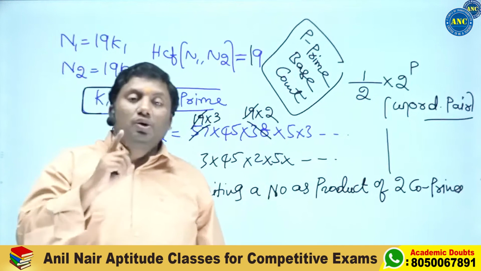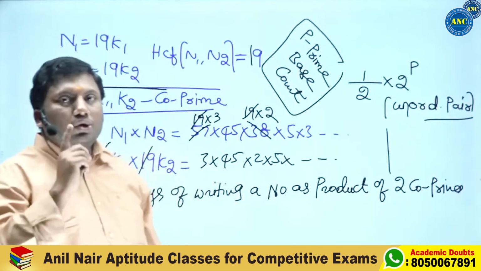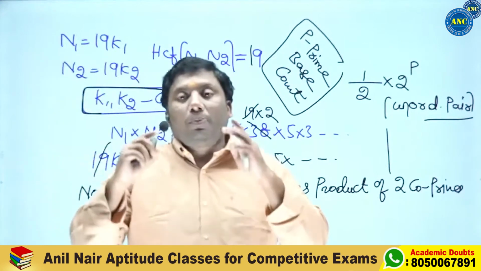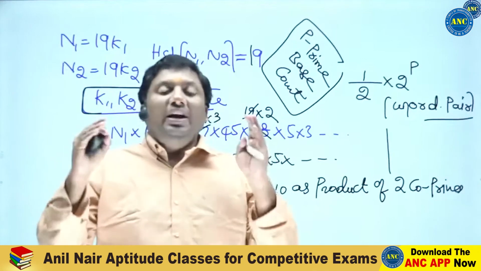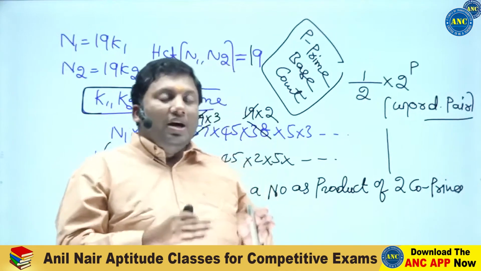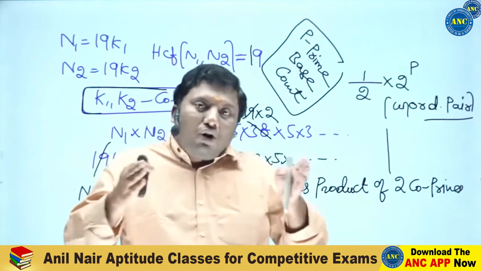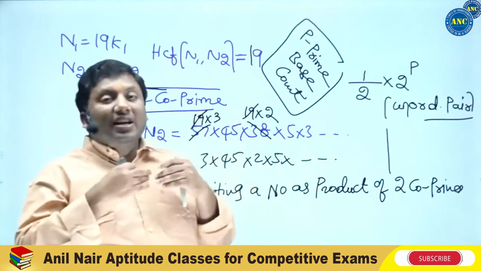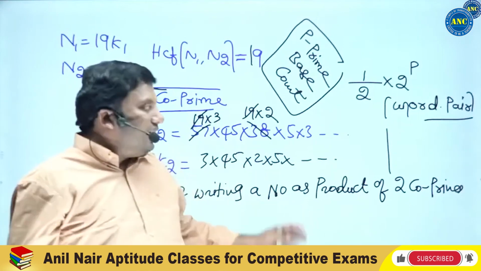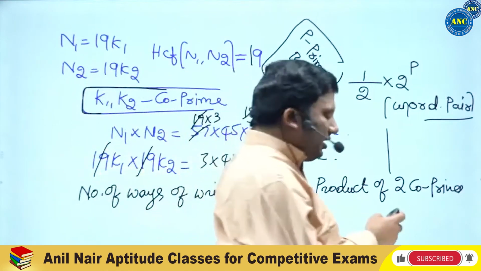It is half into 2 power p. Any student who wants to know the proof of why it is half into 2 power p, in our YouTube channel, on factors and multiples, 4 big sessions are there where I discussed these concepts in detail. I hope the idea is clear.